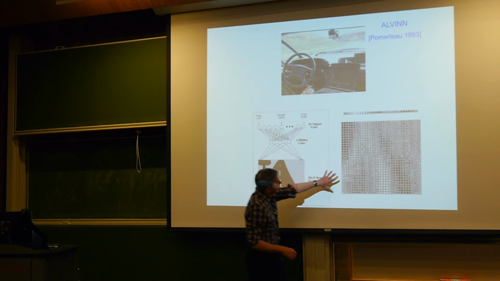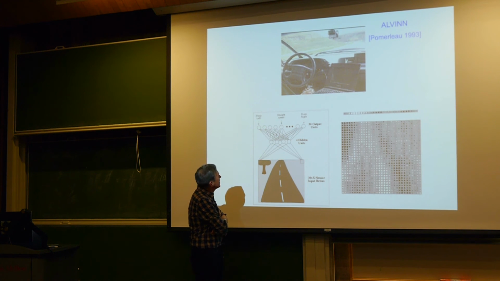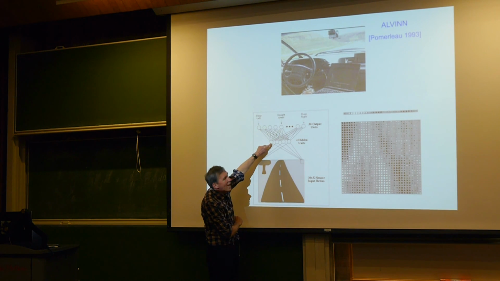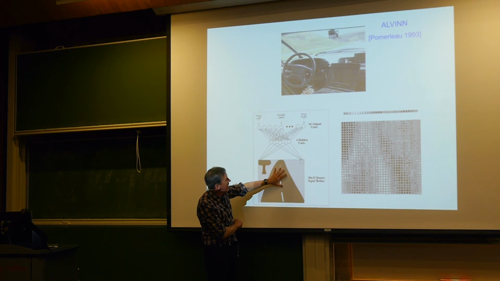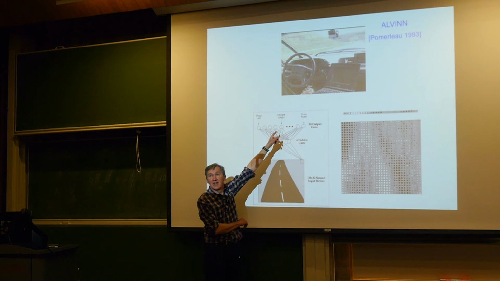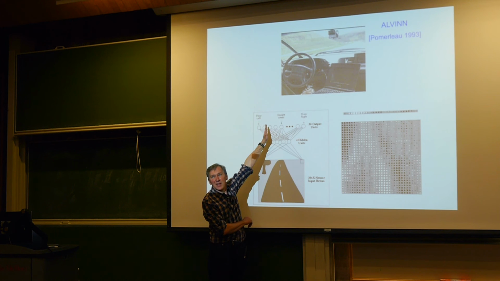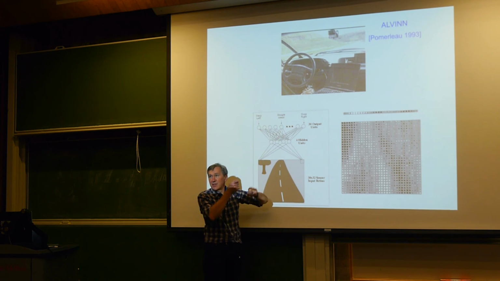And this funny looking diagram over here is interesting too. This is the set of learned weights of the network for one of these units. So when the system is trained, now you give it any image you want and it outputs a real valued vector. And then you, again, pick the value that's largest and say, well, that's the direction you should steer.